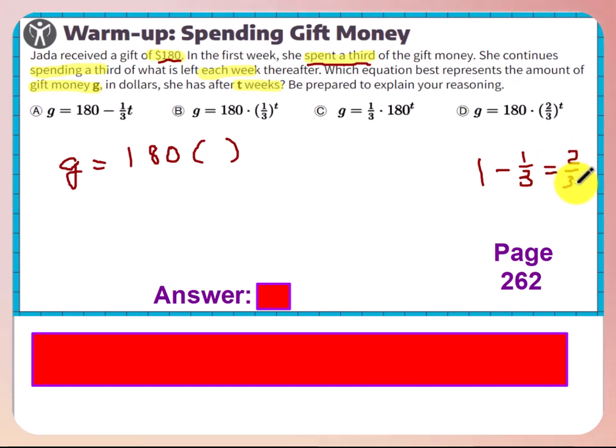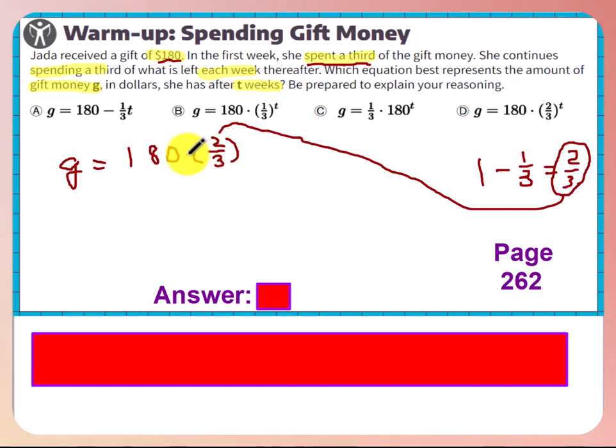This is going to be our growth factor, in this case decay, that goes right here in our equation. So 180, she spends a third, so we'll have 2/3 left. Multiply those amounts together and then raise it to the power of t.